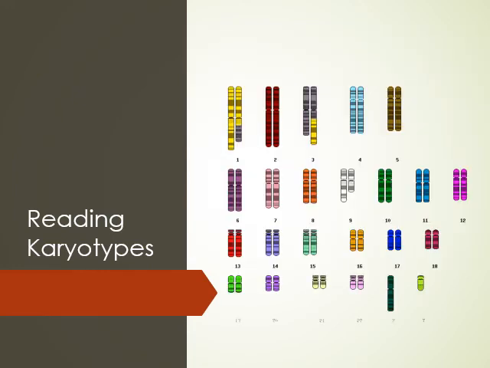Okay, here's another karyotype. Numbers are underneath. Here's the X and Y chromosome. Is it a boy or a girl? It's a boy. You can tell because it has an X and a Y chromosome. What's the issue with it? Take a look at this. Do you see anything wrong? Take a look at chromosome 9.